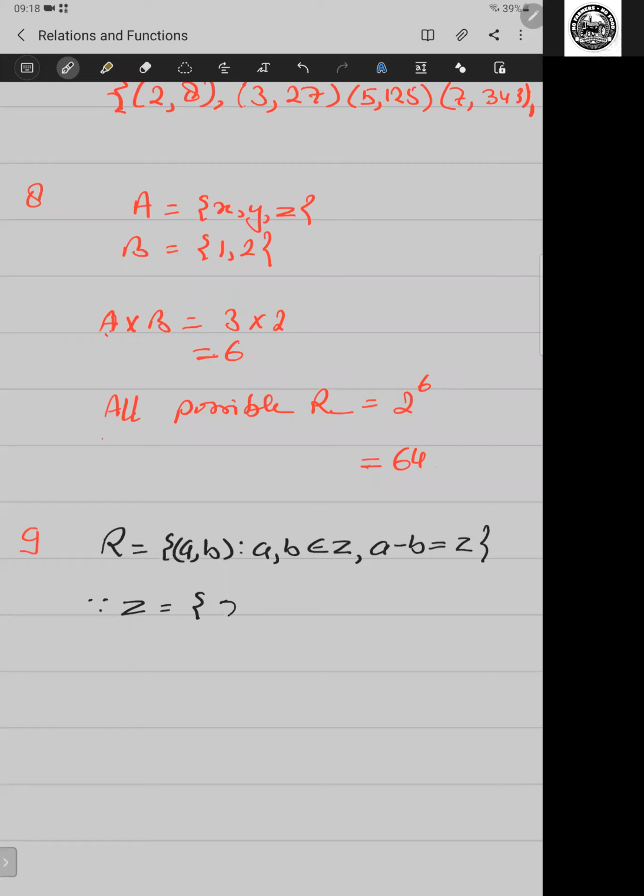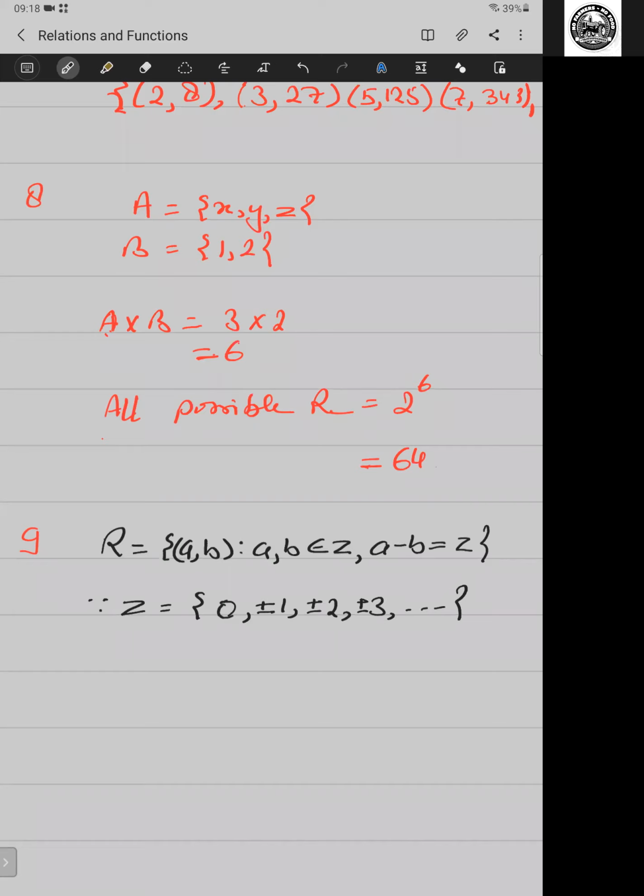So 0, plus minus 1, plus minus 2, plus minus 3 and so on. These are the positive and negative integers. Now when we are thinking about these integers, we need to write the domain and range. So difference between two integers will always be an integer.